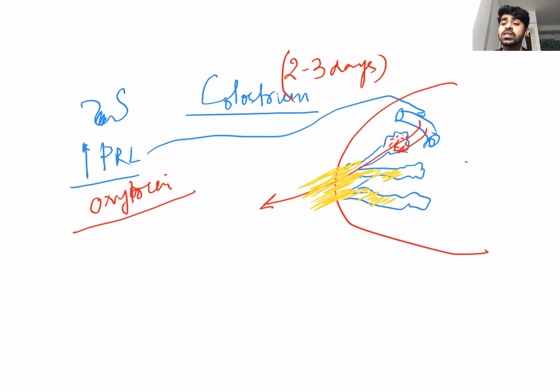In previous days, people used to simply discard this milk. But don't discard it, because in the colostrum there are a lot of antibodies, proteins and nutrients.